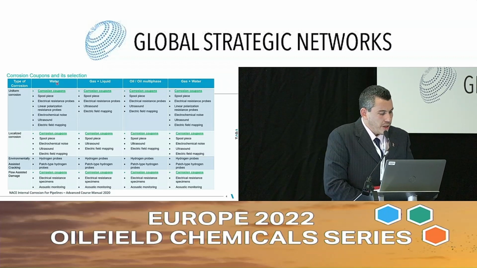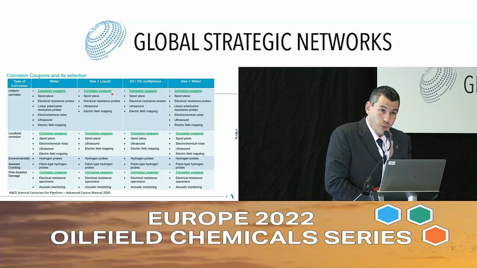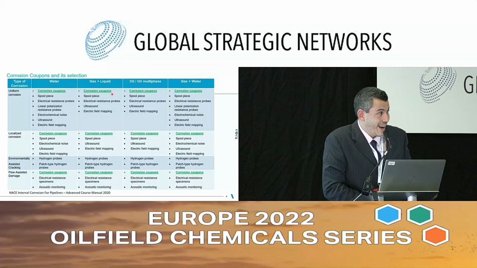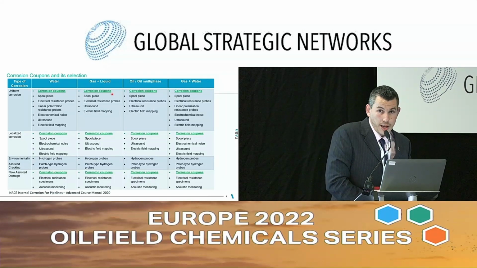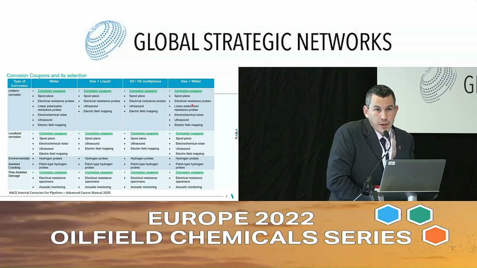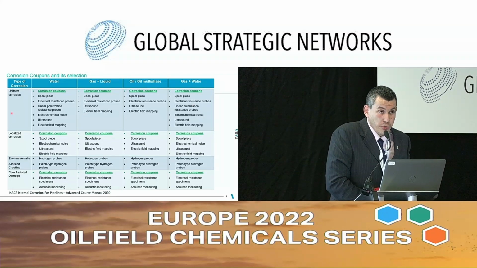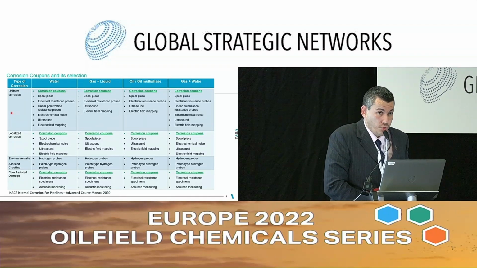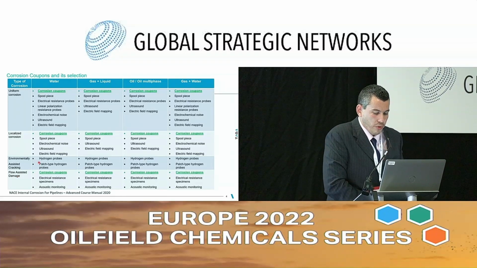This is just an awareness table, so to say, so that you are aware of what you have available. As you can see in green color, corrosion coupons are quite useful because in every media, you can monitor almost any type of corrosion-related issue. The only type of corrosion-related problem that you can't monitor with corrosion coupons is environmentally assisted cracking.